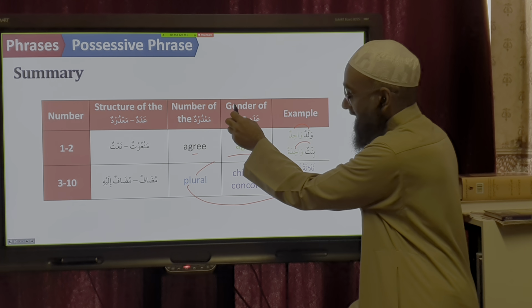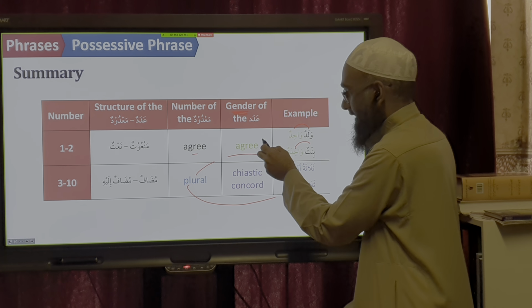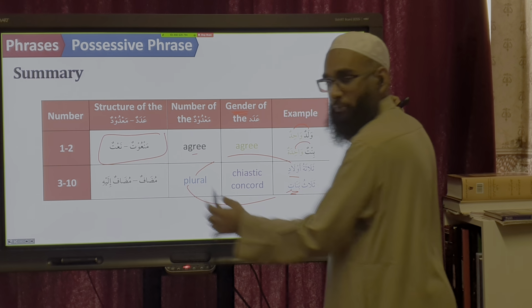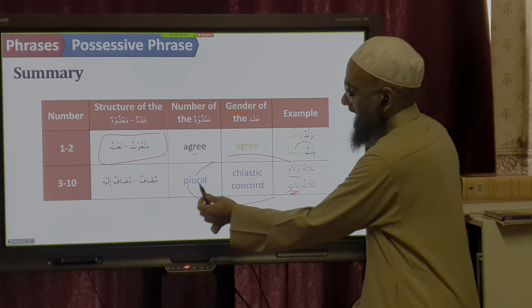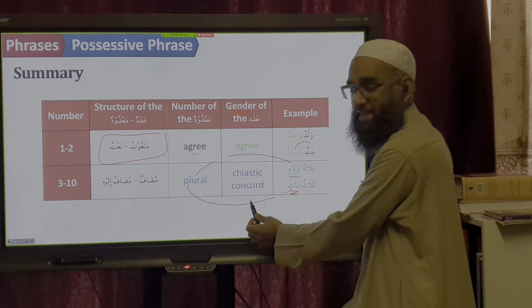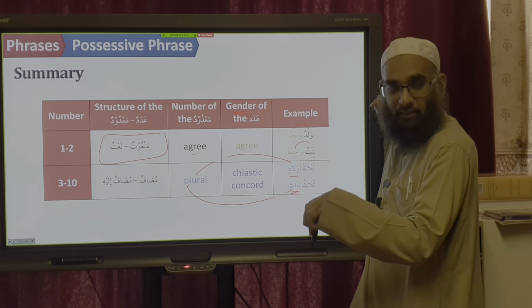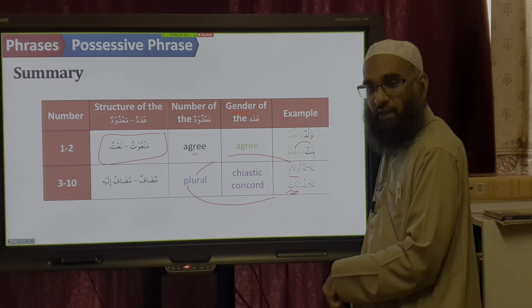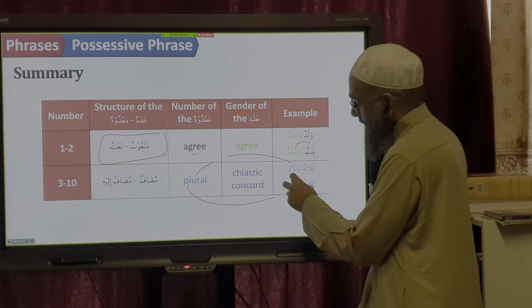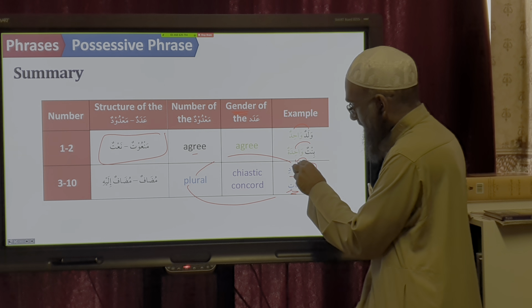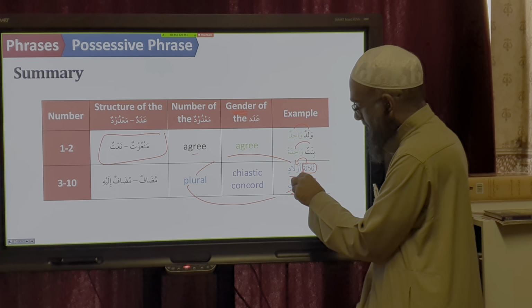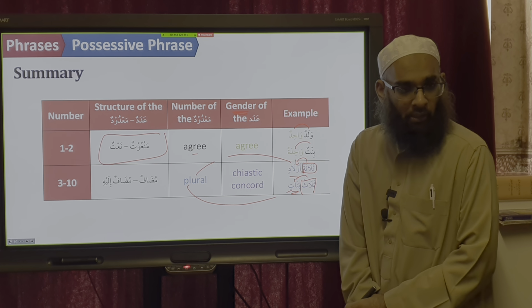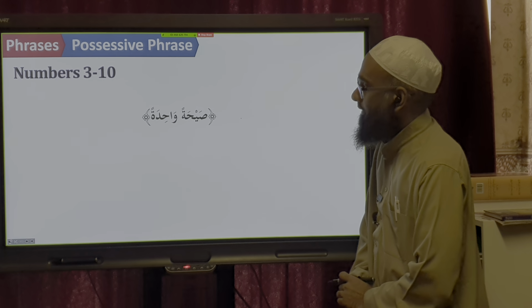And in gender agreement, 1 and 2 agree because man'oot and na't have to agree in everything. And in 3 to 10, you have to have chiastic concord. That means that the number, adad, and the thing you're counting disagree, so it will always be the opposite gender. Understood? Any questions? Okay, let's move on.